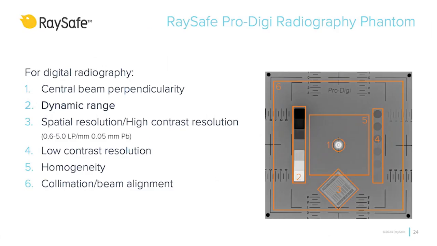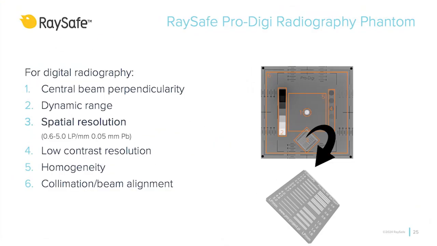Perfect. Then number 2 is dynamic range. Dynamic range is evaluated using a copper step wedge with 7 steps of varying thickness. Test number 3 is spatial resolution, or sometimes called high contrast resolution. Using the zoom tool, assess the high contrast spatial resolution pattern in the relevant part of the image.